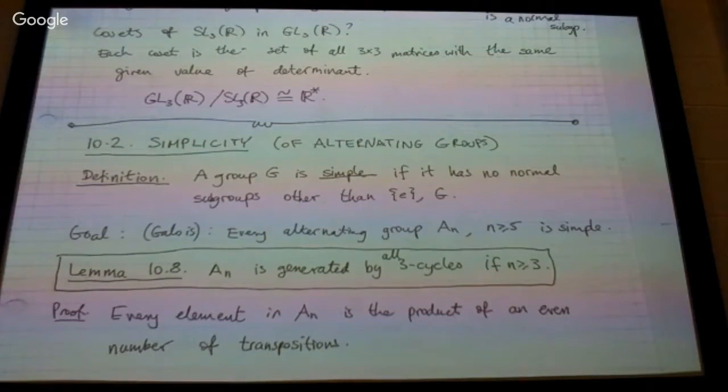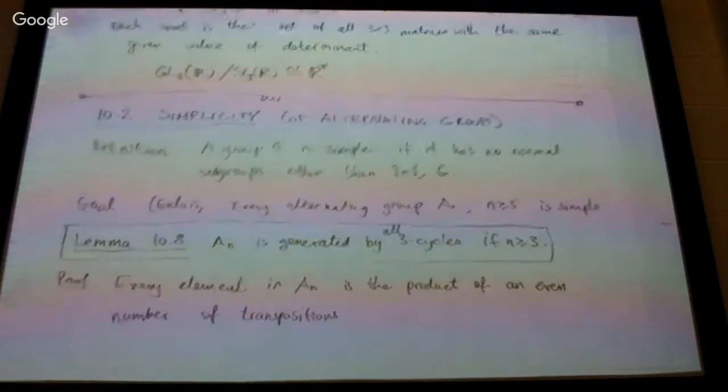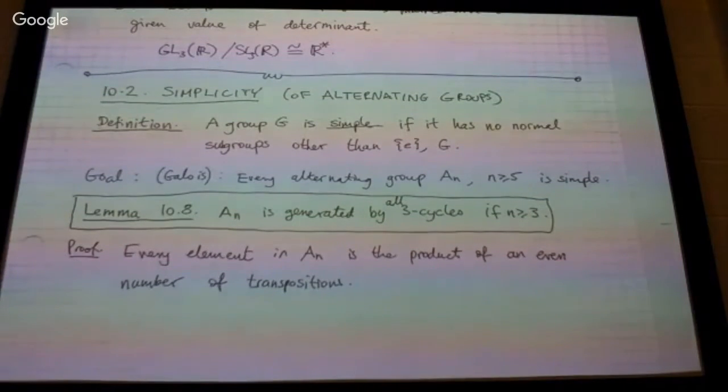Why? Yeah, that's the definition of A_n. An even permutation has an even number of transpositions in it.